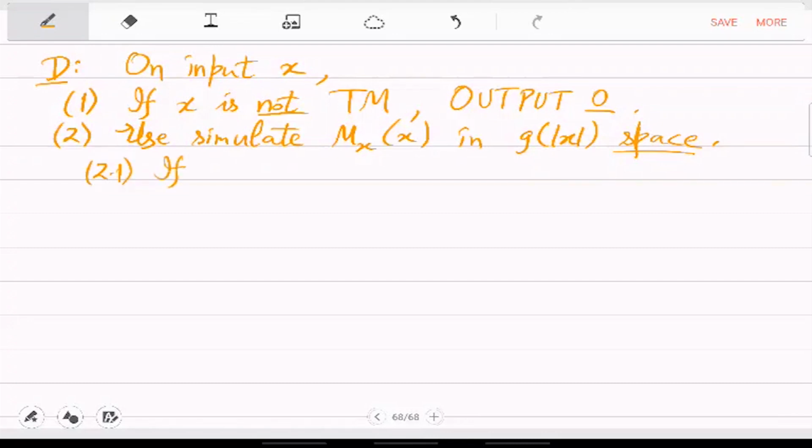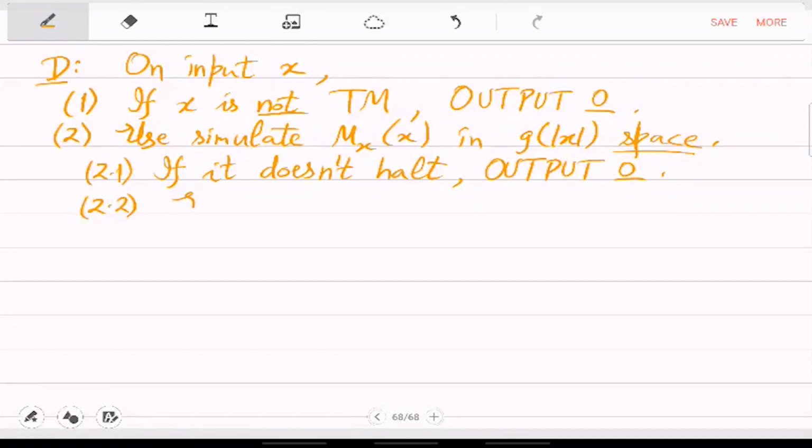If it doesn't halt, then you don't have any answer, you just output 0. Else output the opposite.